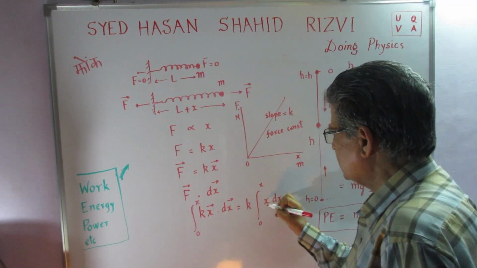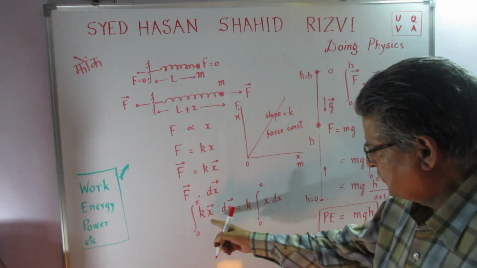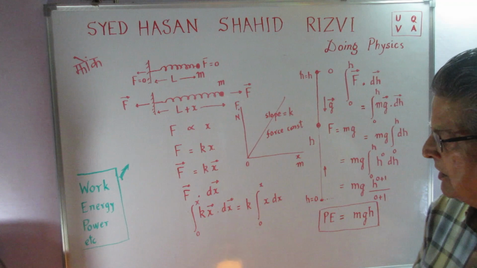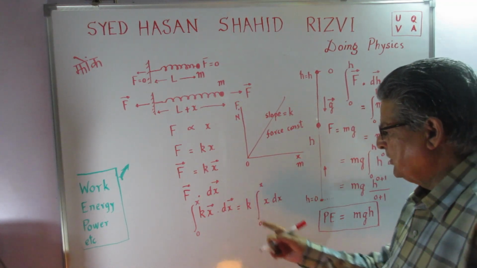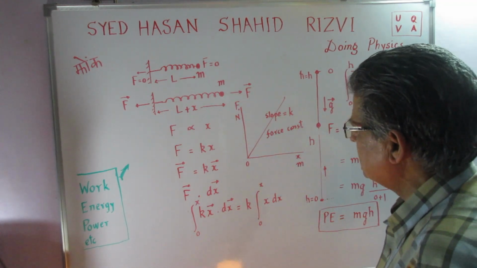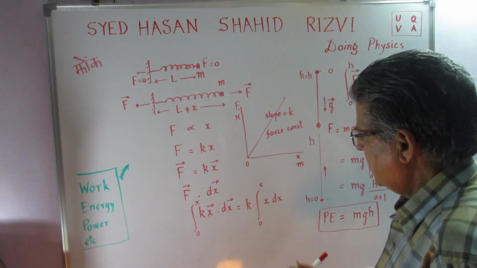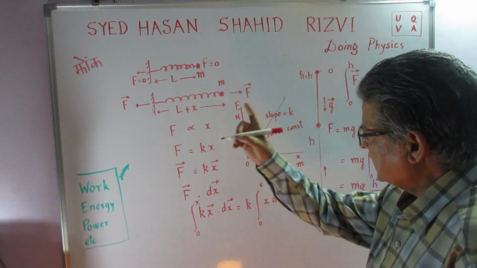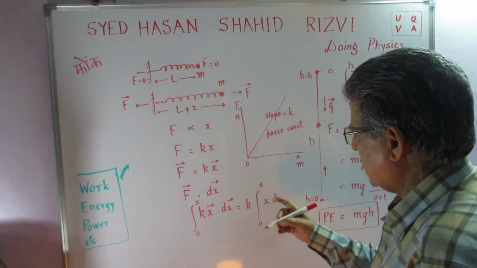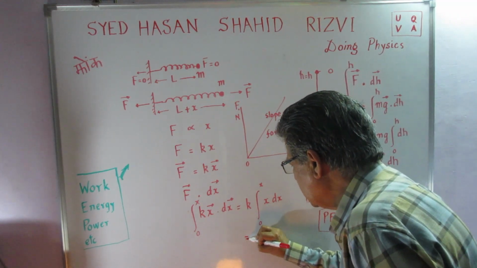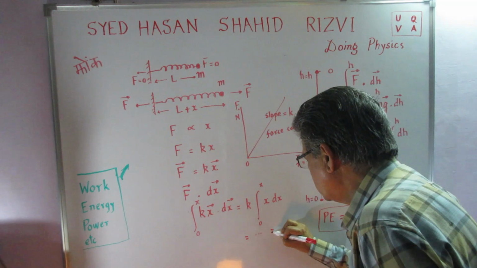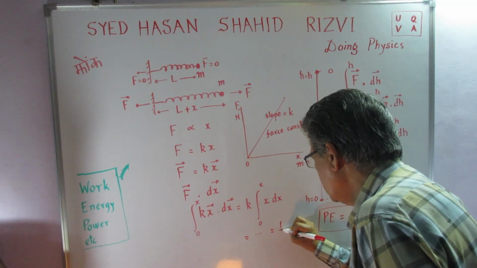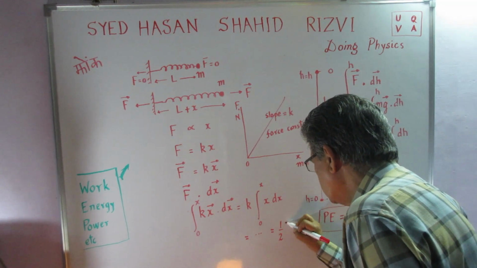Now this is a scalar, these two I have taken as vectors which turn out to be x dx this way. When I work it out, and we have worked it out before, this will finally turn out to be equal to half kx square.